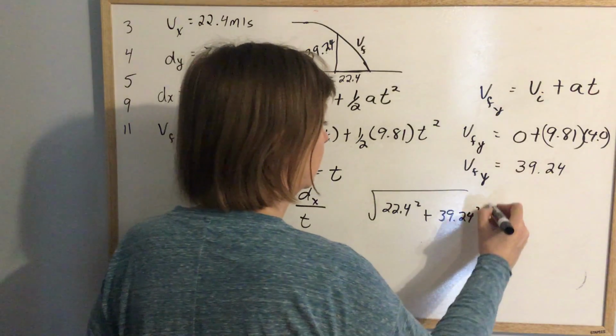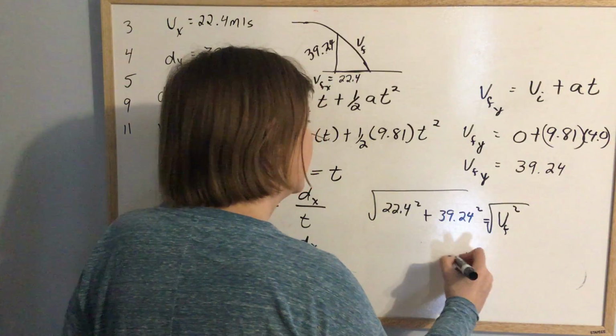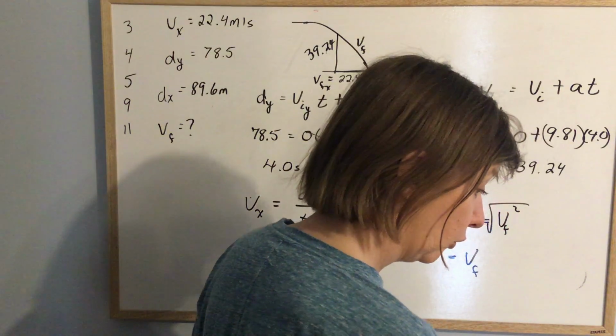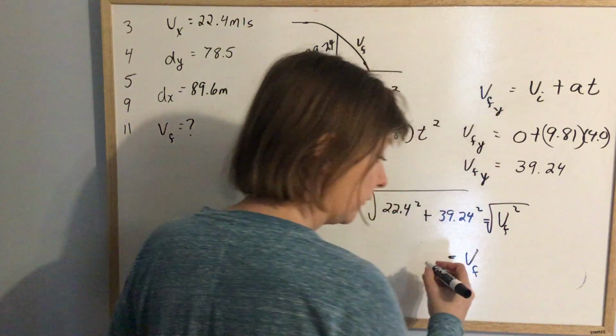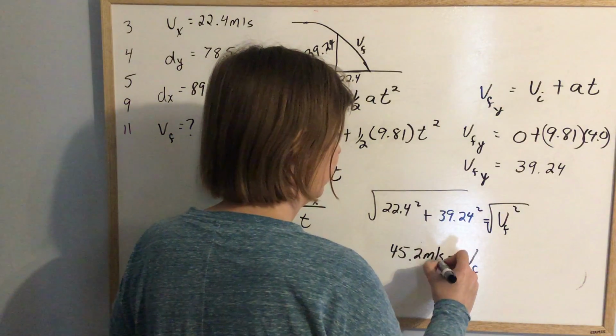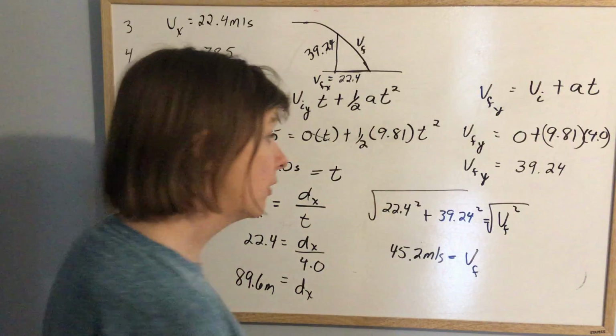So I take the square root of both sides, and I get that my final velocity is 45.2 meters per second. Now I said don't forget you need an angle.